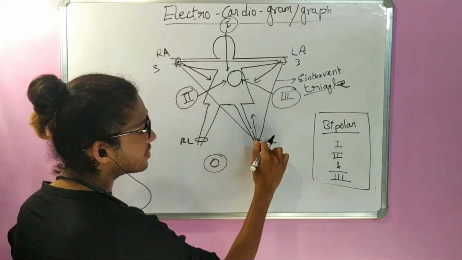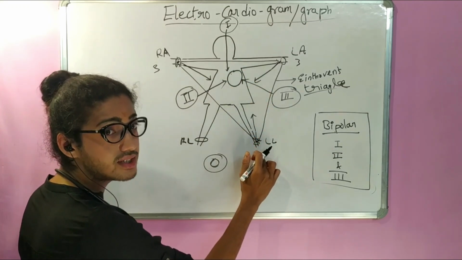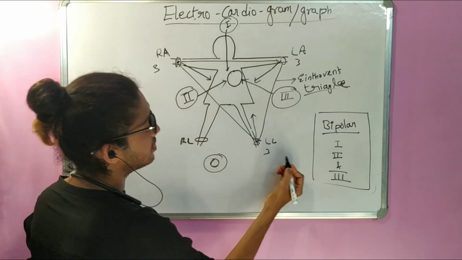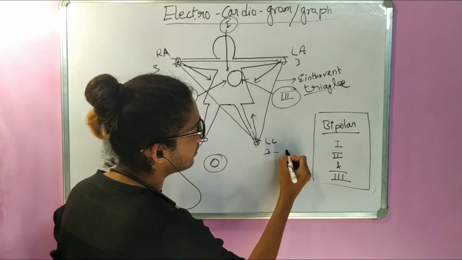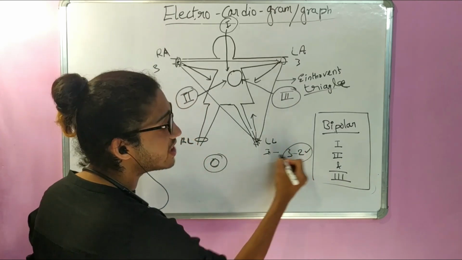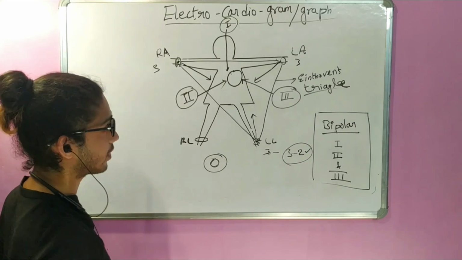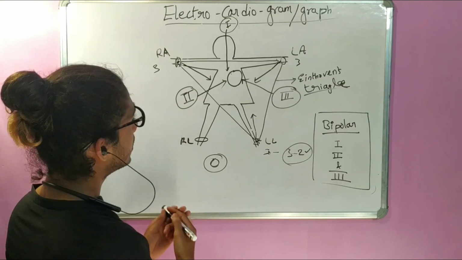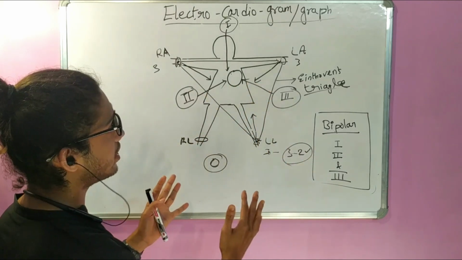There will be some deflection received by this electrode. It might change, say, from 3 to 3.2 volts. This particular change is called deflection, a deflection in voltage.